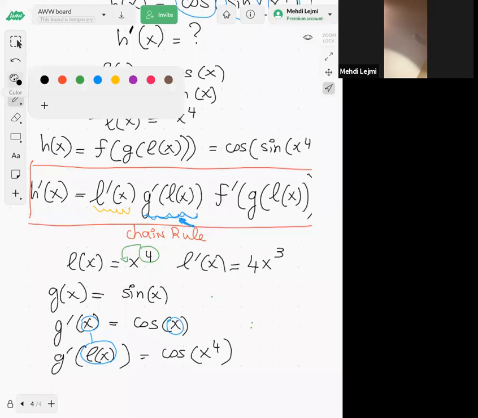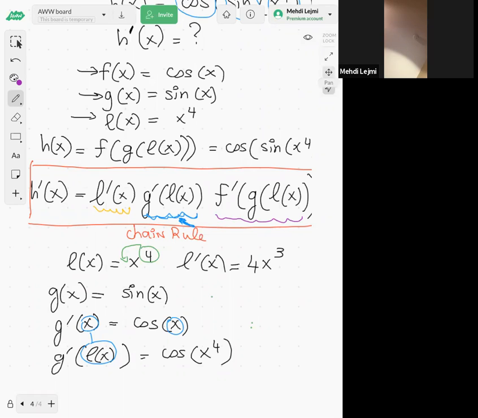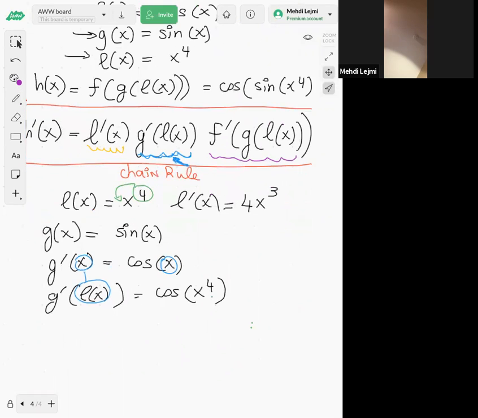Now next, we need f prime of g of L of x, right? So let's start first with g of L of x. Right, so here inside f prime, I have g of L of x. So what's g of L of x?